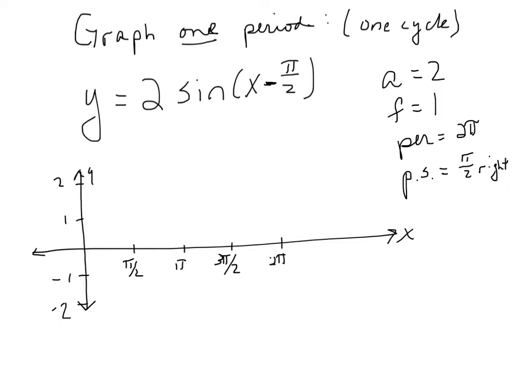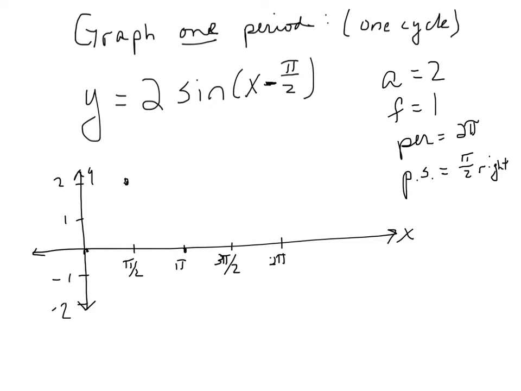Now what I really am going to do here is graph one cycle of this particular function without the phase shift. What that will look like, it'll start at 0. At pi over 2, it'll hit 2, because this is a sine curve.